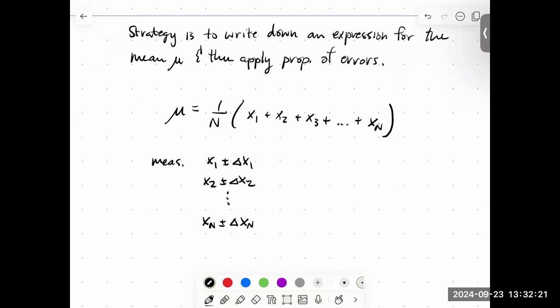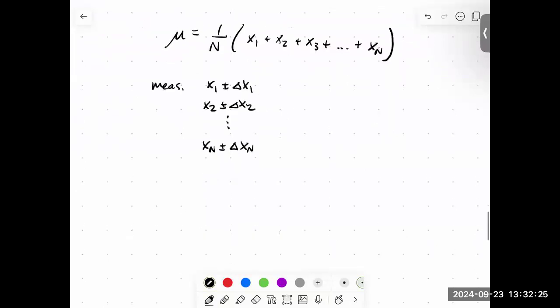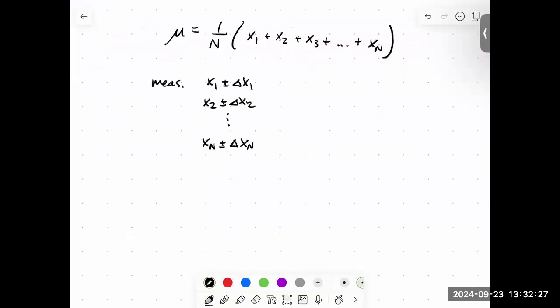Now we have our propagation of errors formula, which handles exactly this case. So this is now a function of n variables.